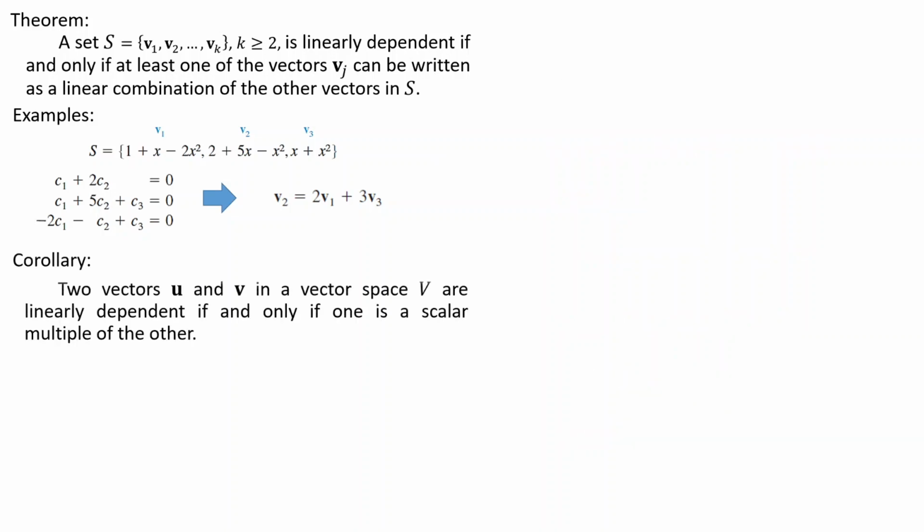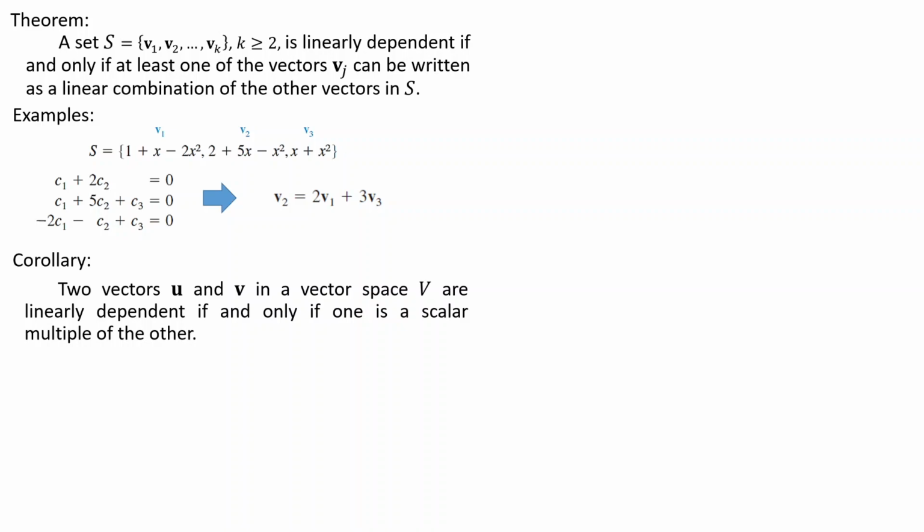Next, we have this corollary. Two vectors u and v in a vector space V are linearly dependent if and only if one is a scalar multiple of the other. Again, u and v are linearly dependent if and only if one can be expressed as a scalar multiple of the other.